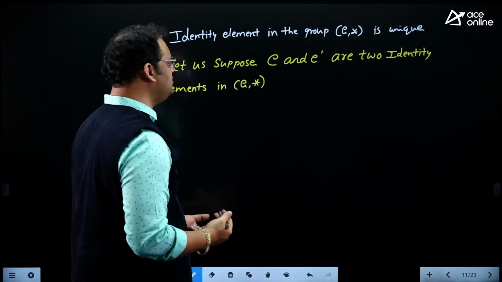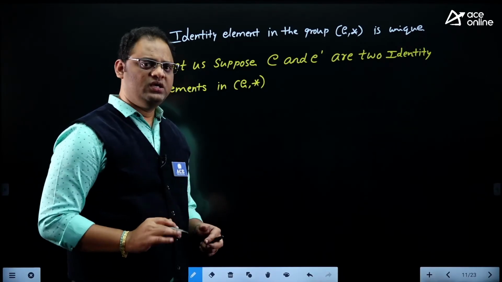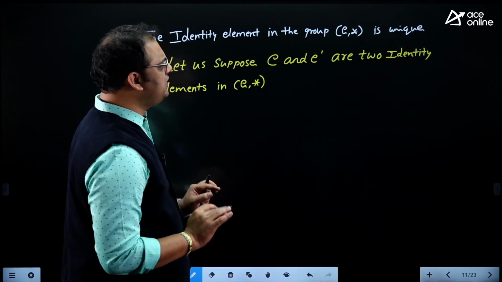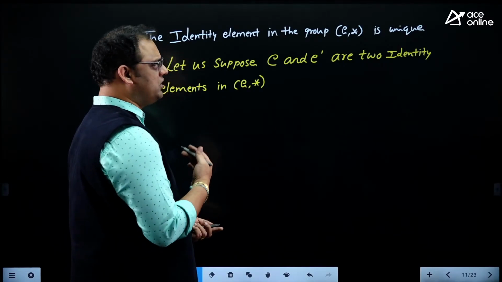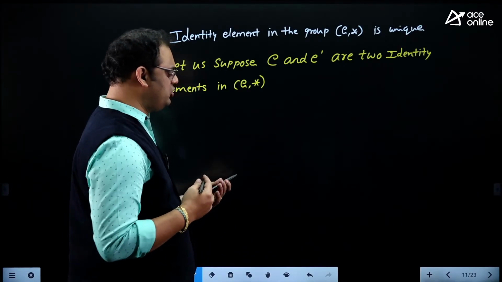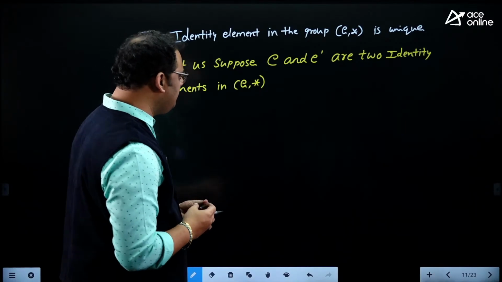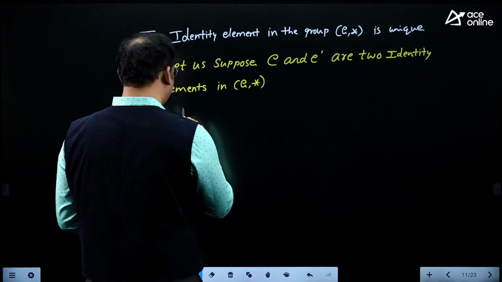Either my consideration is true or false, it doesn't matter. Yes, you are saying that the identity element is unique, that's okay, fine. But I just took the contradiction to that statement. I consider there are two identity elements. Let me take the first statement.